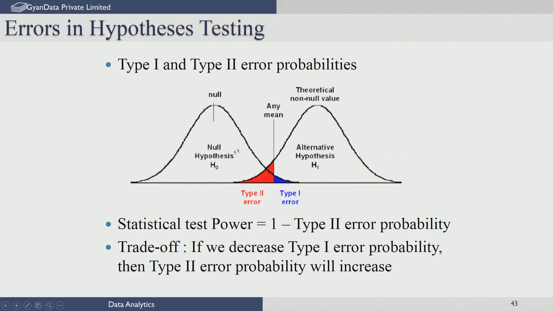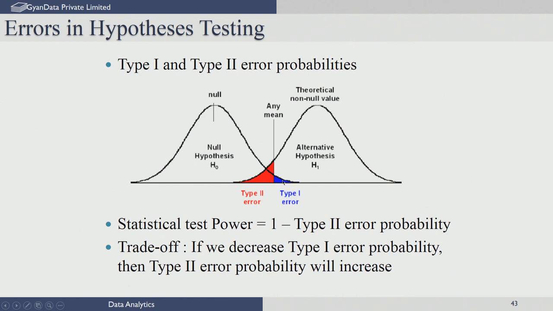That is not fair. You decide to reject the null hypothesis, let us say in this case a one sided test, if the statistic exceeds this threshold value. Notice that when the null hypothesis is true, this test statistic can have a value greater than this threshold, and the probability that it can have a value greater than the threshold is indicated by this blue area.